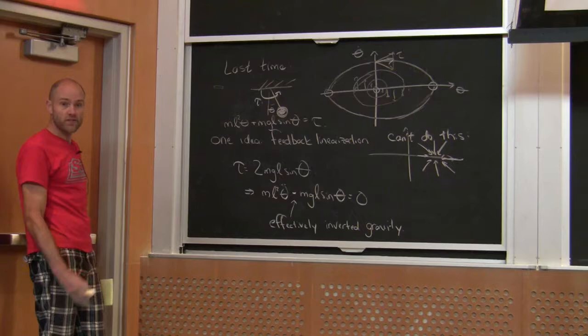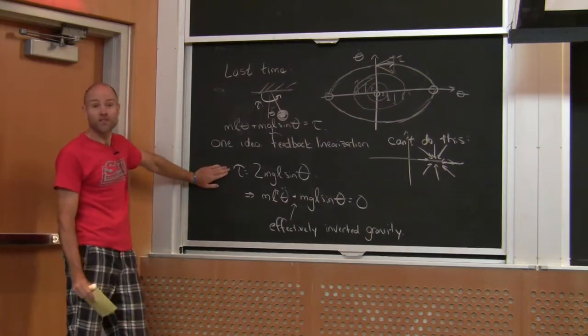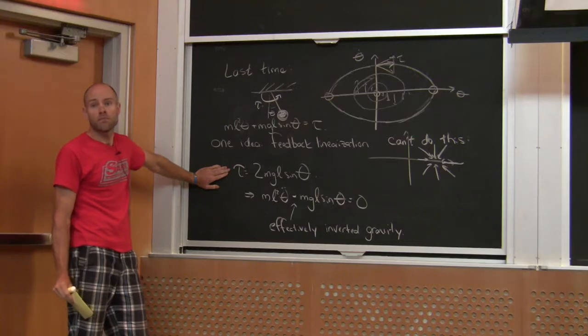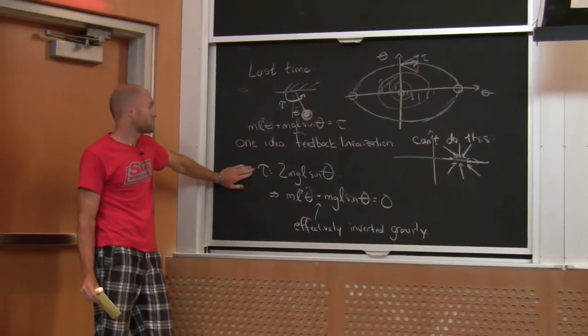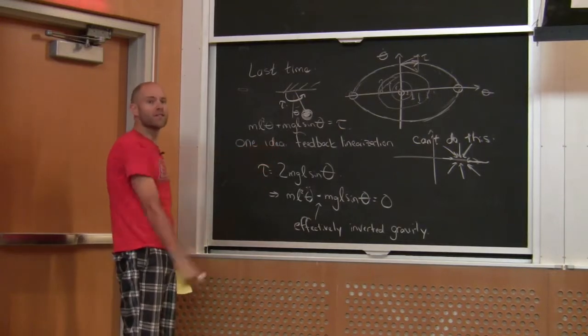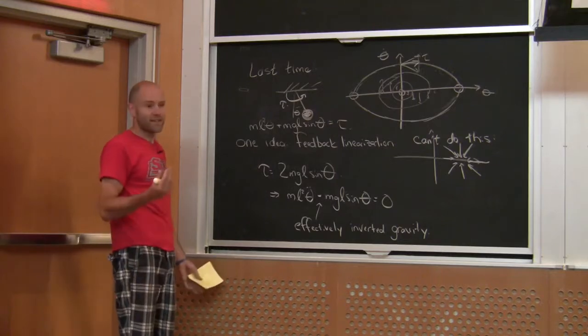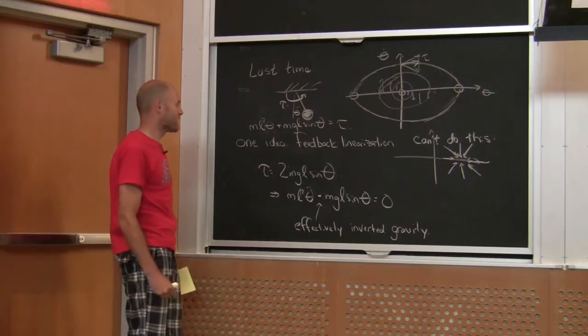My only complaint about that solution is, how much torque, in the worst case, do you need to do that? 2mgl, right? So you've got to be able to hold yourself at full extension times 2, to effectively invert the dynamics. Maybe you couldn't afford a motor like that, right?